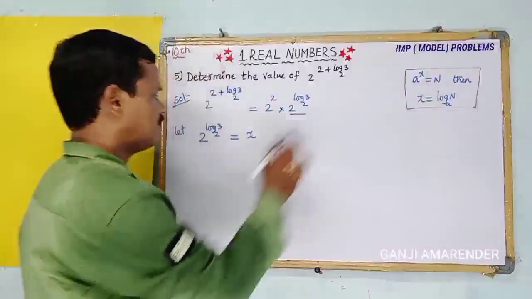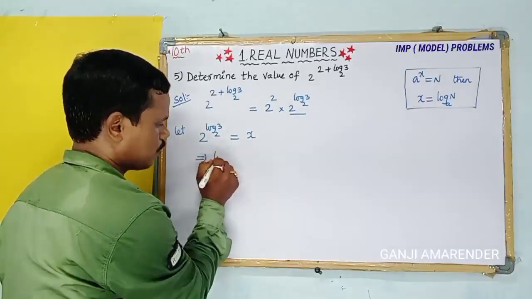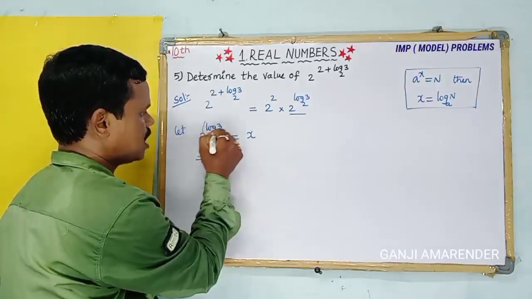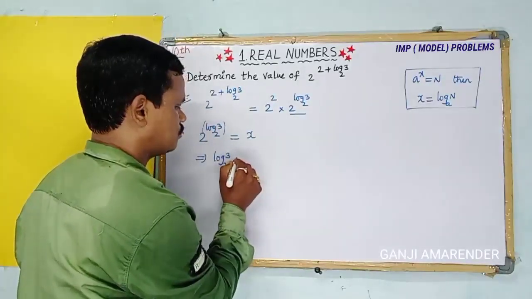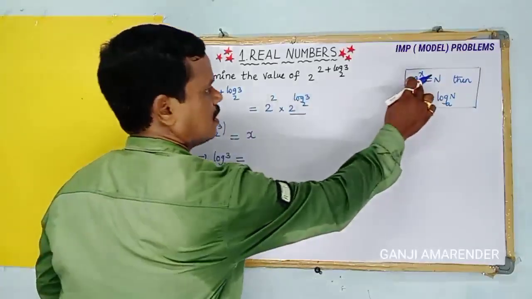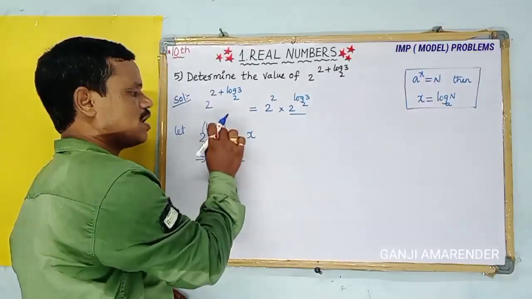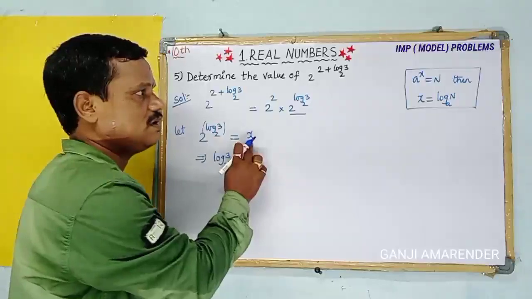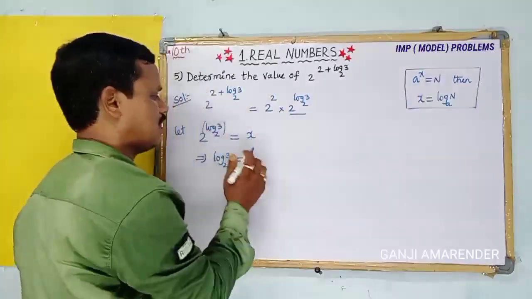Now, if a power x is equal to n, then x is equal to log n base a. Here a is equal to 2.